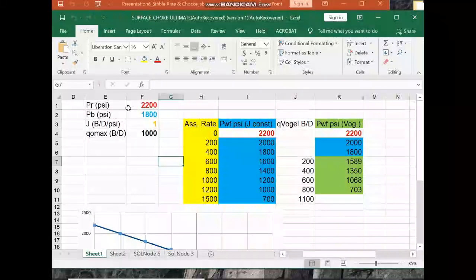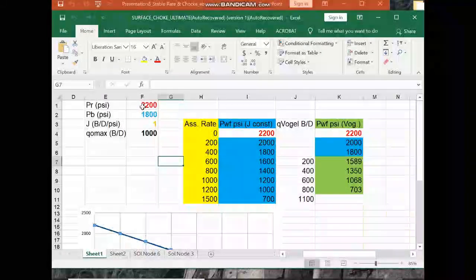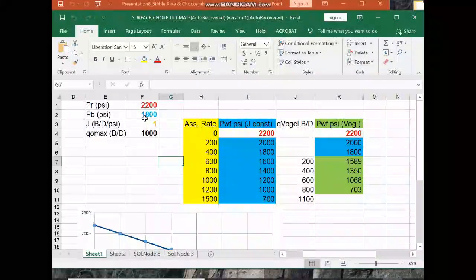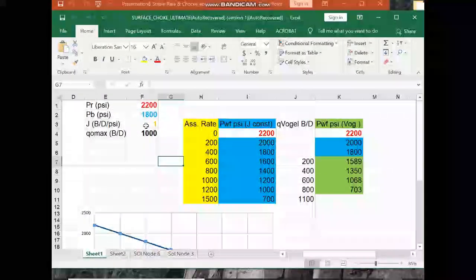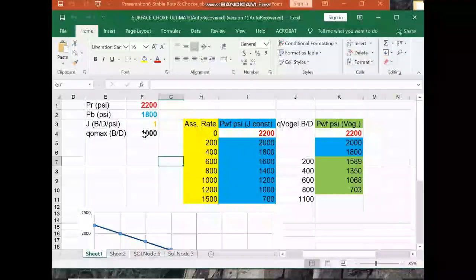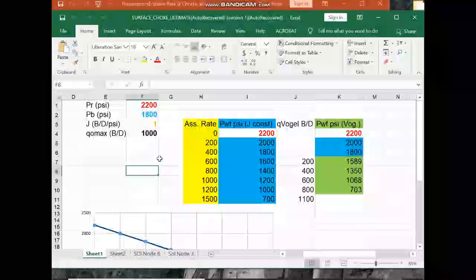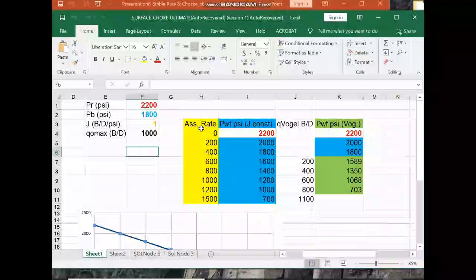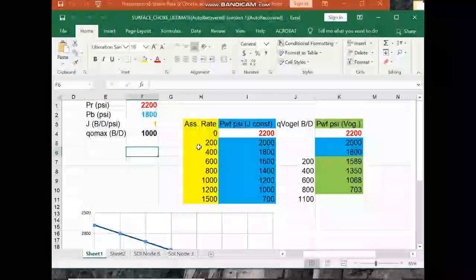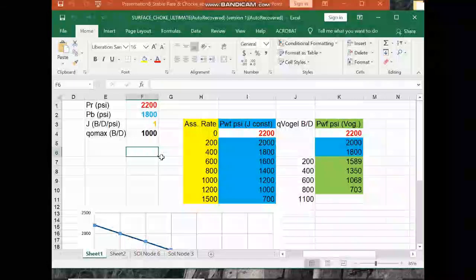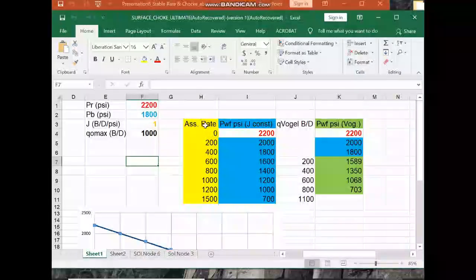So we have given data: reservoir pressure 2200 psi, bubble pressure 1800 psi, J is 1 barrel per day per psi, and the Q max assumed to be 1000 barrels per day. The thing you get used to is that you need to assume flow rates all the time, okay?